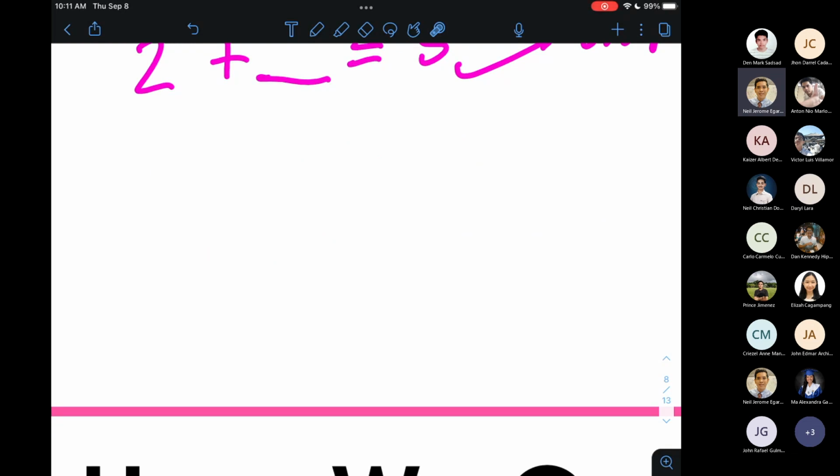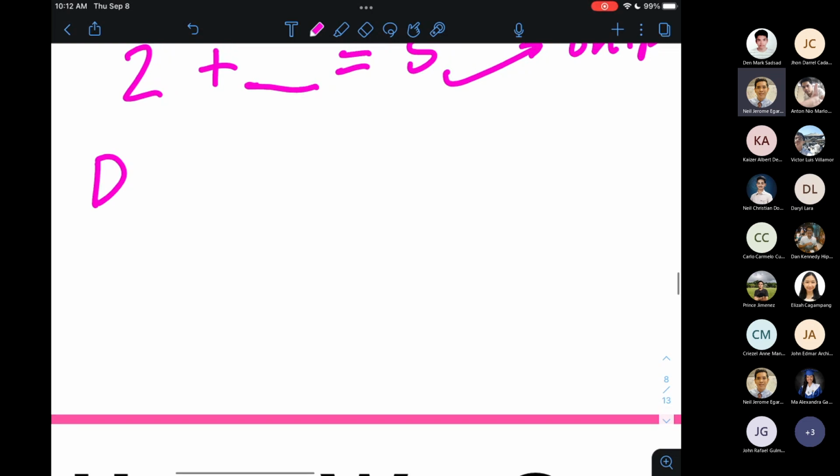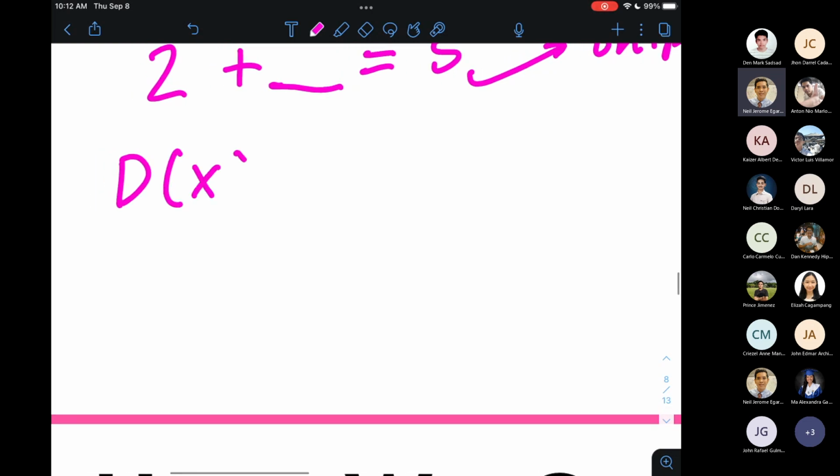Halimbawa, simpleng modeling problem sa Math 17 or sa elementary algebra nyo, I want to find out what's the demand for a certain product if I will sell it at X pesos, all right? And suppose I get this model, D of X, where D of X is, say, a polynomial. Usually binibigay ay parabolic, a parabola opening downward, right?